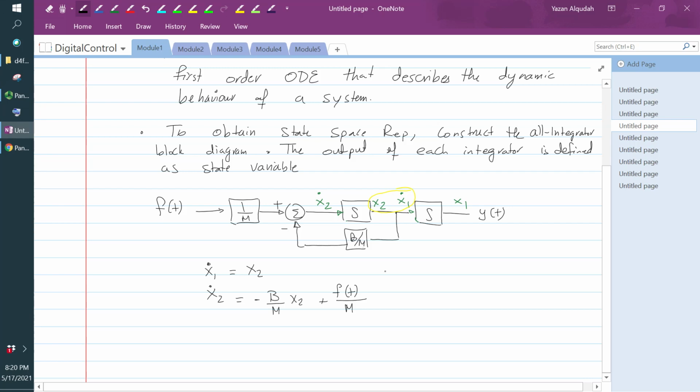Now these two equations are referred to as state equations.